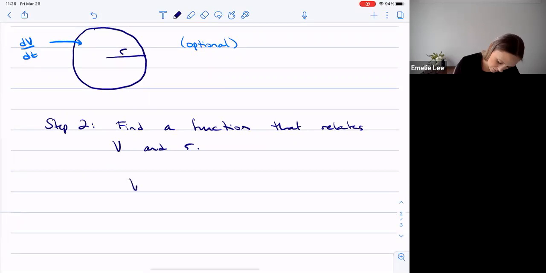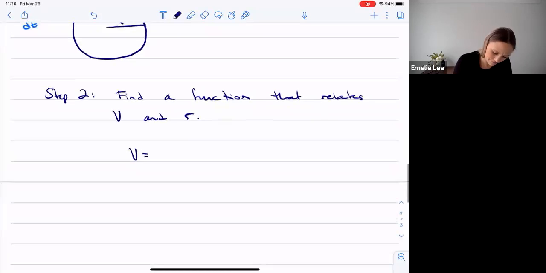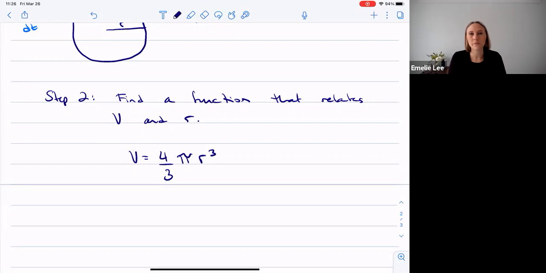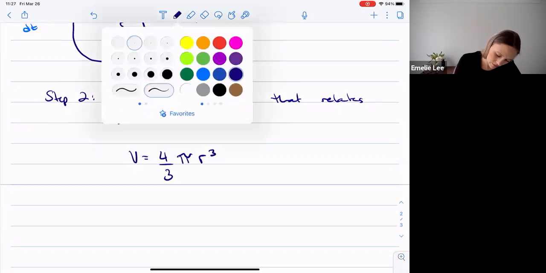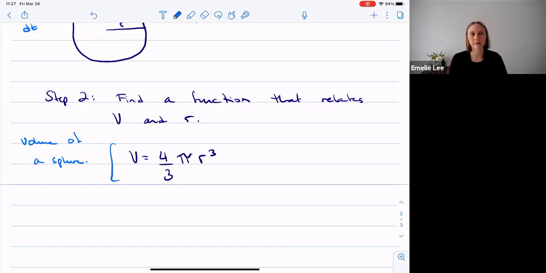Okay. So I'm just going to give it to you, and like I said, it's not a relationship that I expect you to have memorized or anything like that, but 4/3 pi r cubed is the volume of a sphere.